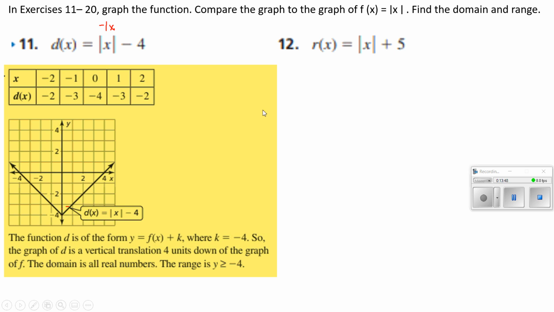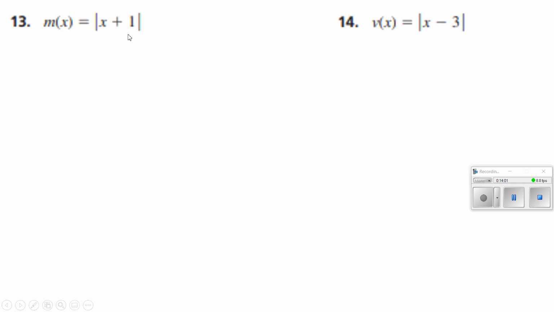Number 12 is for you to do. I'm headed off to number, let's erase this really quick. Okay, I'm going off and doing, if this was 11 through 20, I guess I've got number 13 next. If I did this one, I see x plus 1. And we remember this time, if it's included in there, I'm going to have a shift left and right.